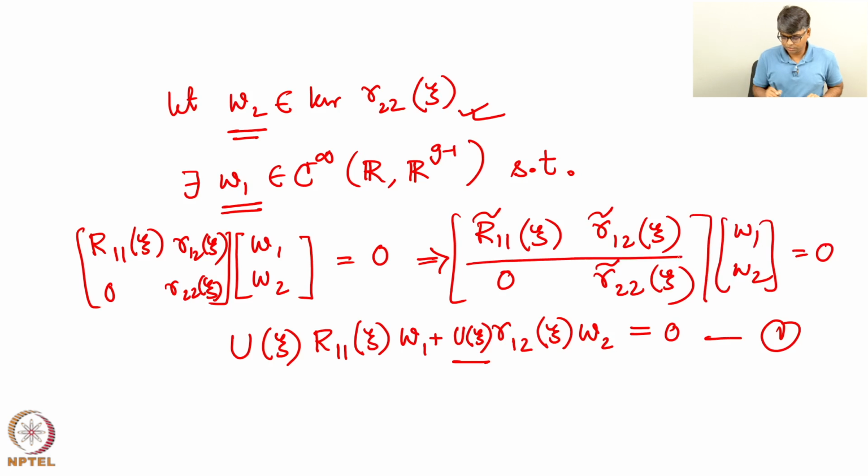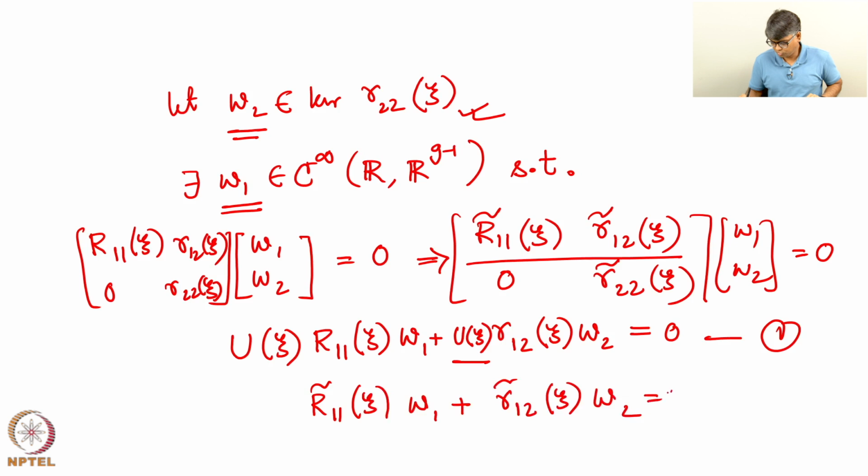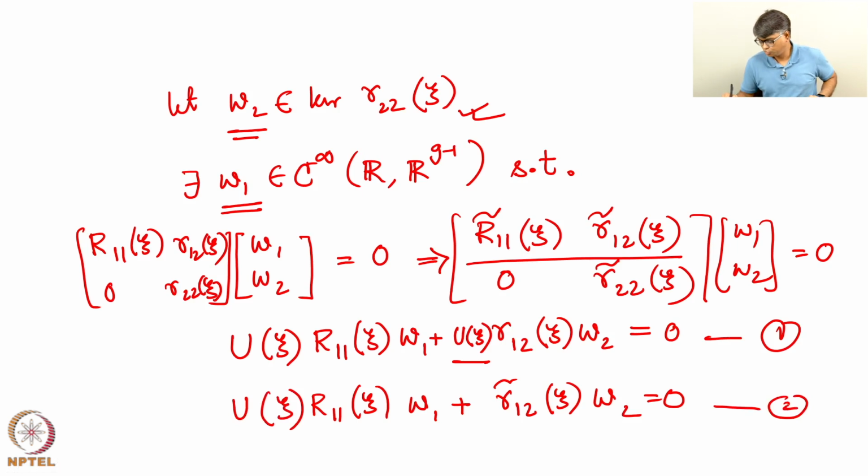I look at the first equation, that is R11 tilde xi W1 plus R12 tilde xi W2 must be equal to 0. But what is R11 tilde? We have already proven that R11 tilde is just u xi times R11. This is my equation number 2. I subtract 2 from 1. When I subtract 2 from 1, this term goes away.